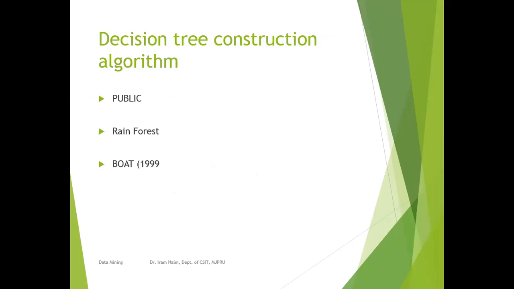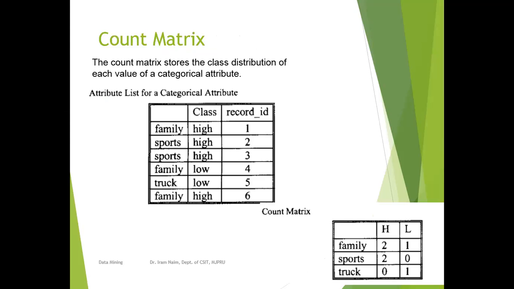And we have other construction algorithms like PUBLIC, RainForest, and BOAT. Actually, the discussion of these algorithms is beyond the scope of your subject area, because we are taking an overview in this subject, and we need not discuss in detail what these algorithms are. If somebody wants to study them, you can study.